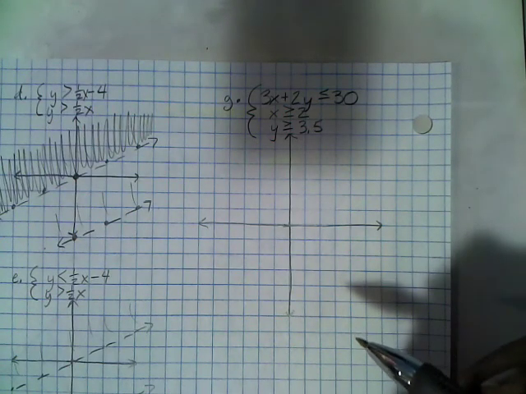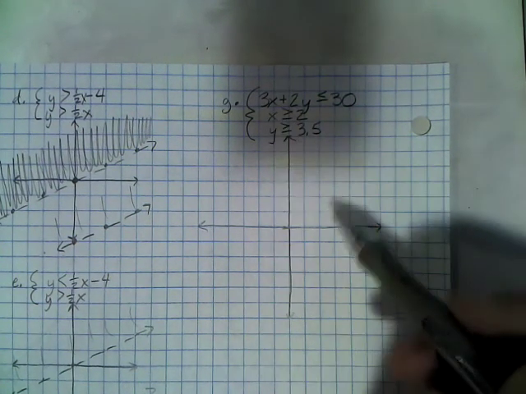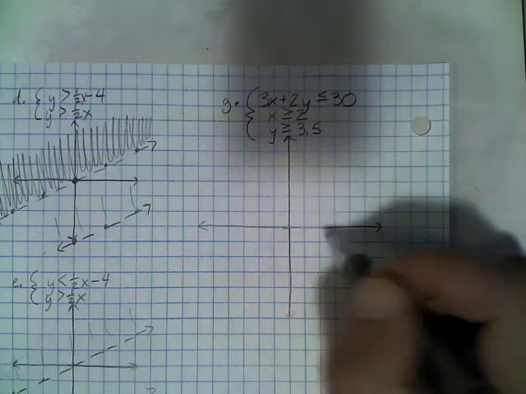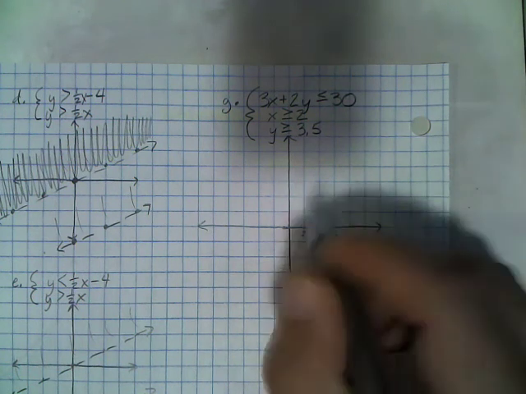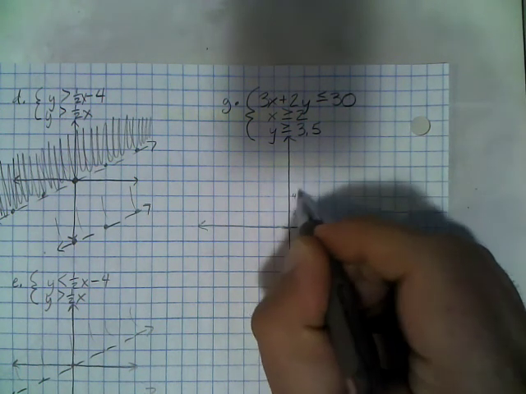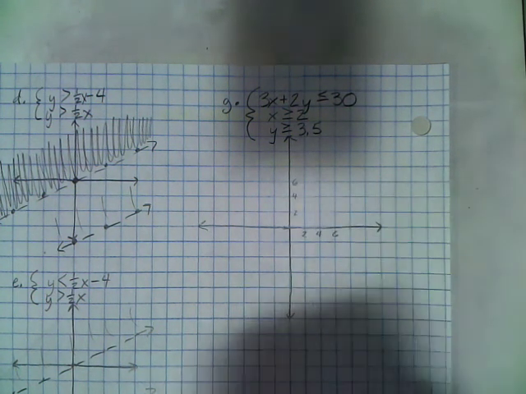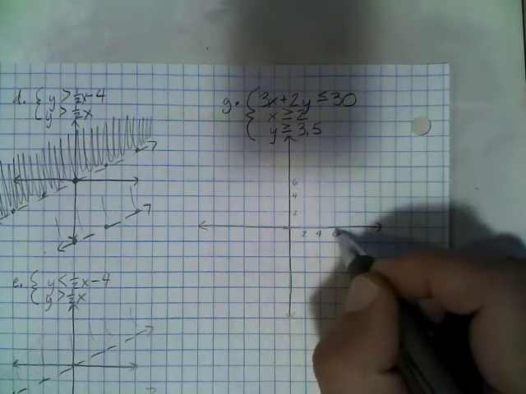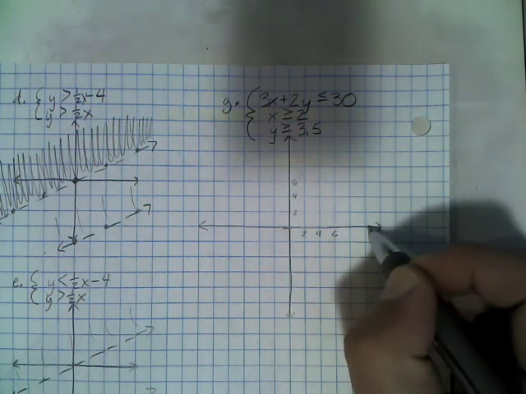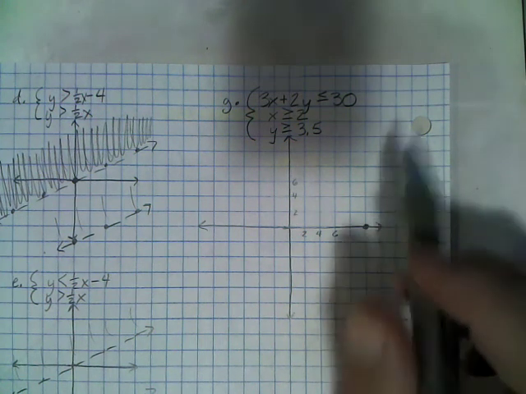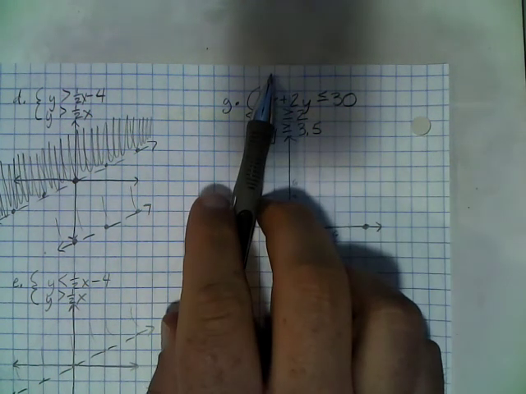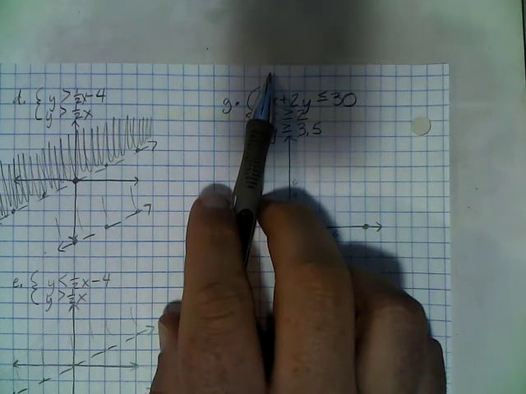All right, so first one, remember we said we had an x-intercept at 10. So what I'm going to do is I'm going to call this 2, 4, 6. And call that 2, 4, 6. And so we know we're counting by 2's. So 2, 4, 6, 8, 10. And then if we solve for y, that'll give me my y-intercept. So 2y equals 30.